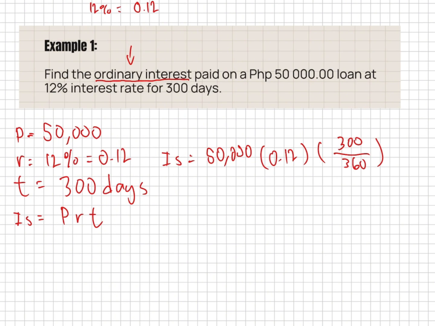You can use your calculator in this problem to make it easy for you. Now that we have solved the problem, our simple interest is 5,000 pesos. So this is the final answer.